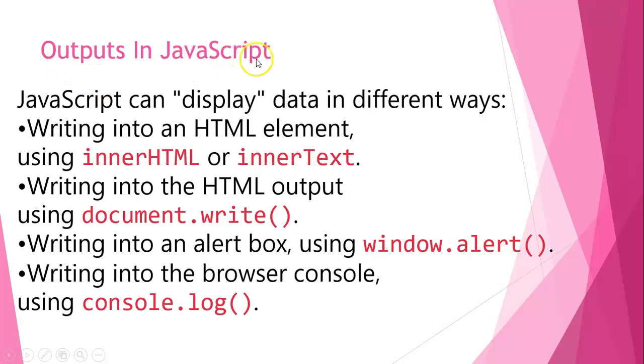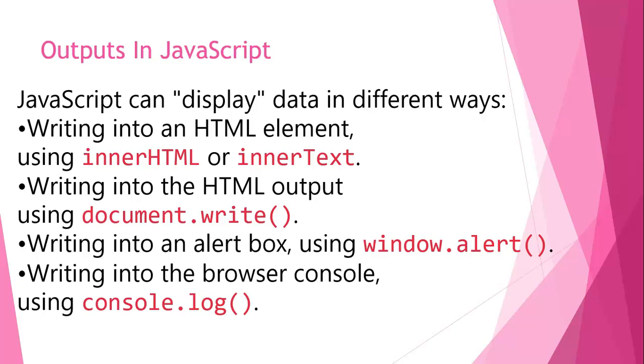Now the outputs in JavaScript that you need to be aware of. The first one is writing into an HTML element, using innerHTML or innerText. This is for a single HTML element. Probably you want to change the text color of a given element in HTML, then we use this method here. Then we have what we call document.write. That is used to display data, or rather information, on a screen.